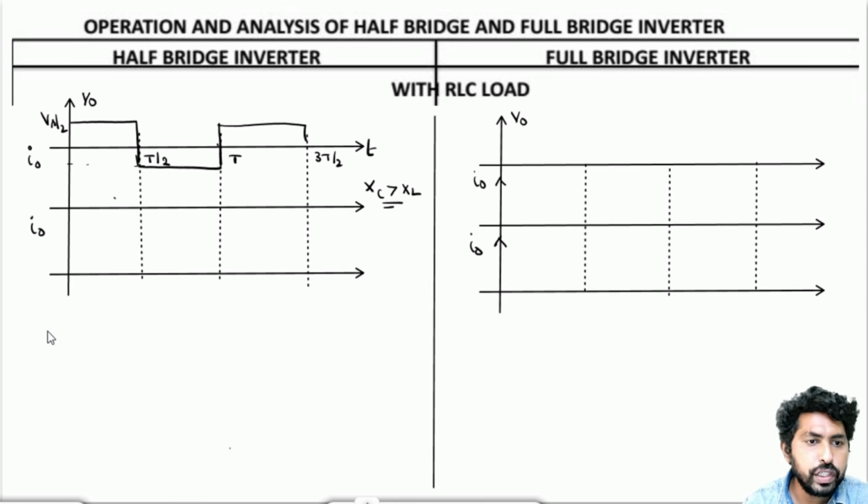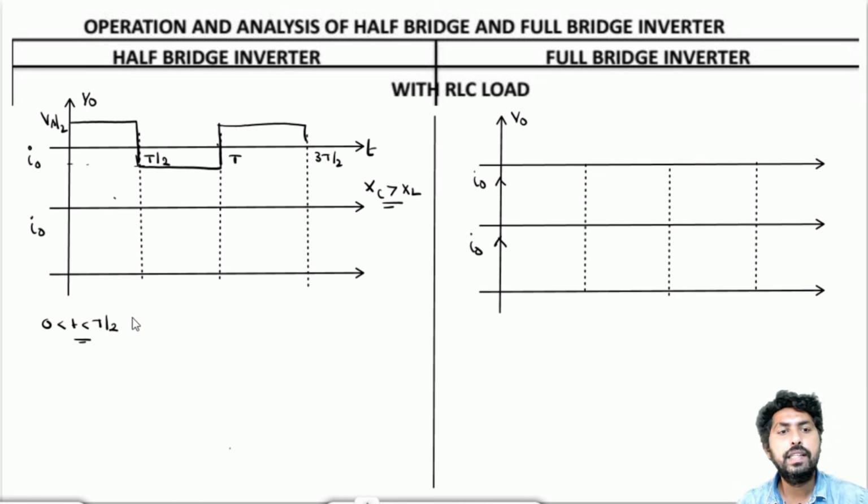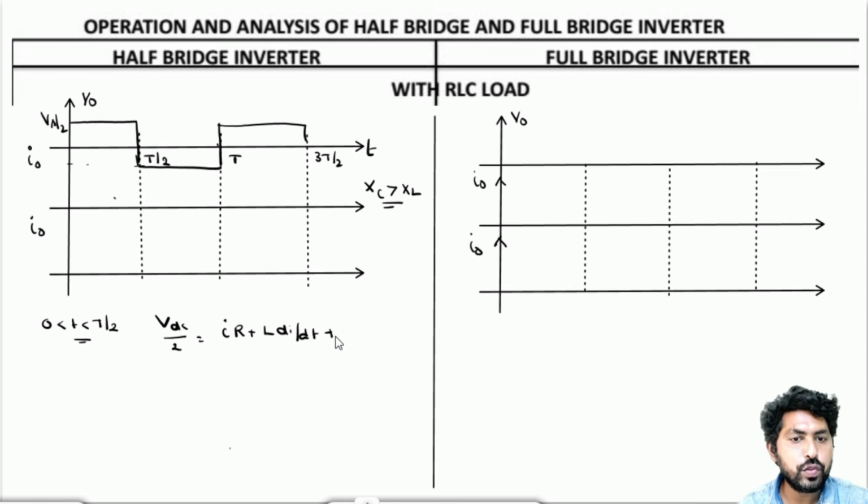During 0 to T by 2, VDC by 2 equals I into R plus L into di by dt plus 1 by C into integration of I dt. This we have already analyzed in the load commutation, that is class A commutation. Please refer to that class A commutation for this equation.